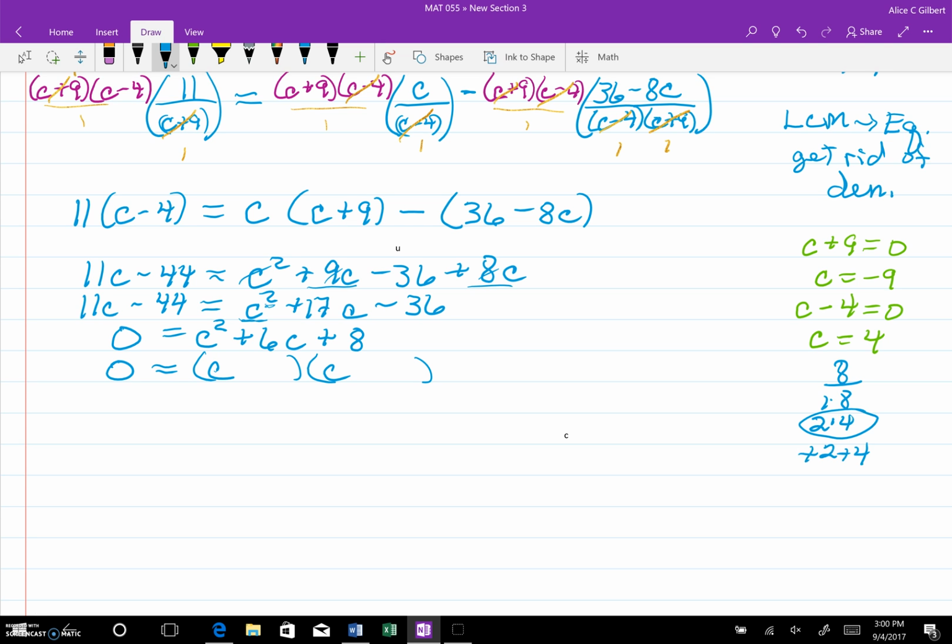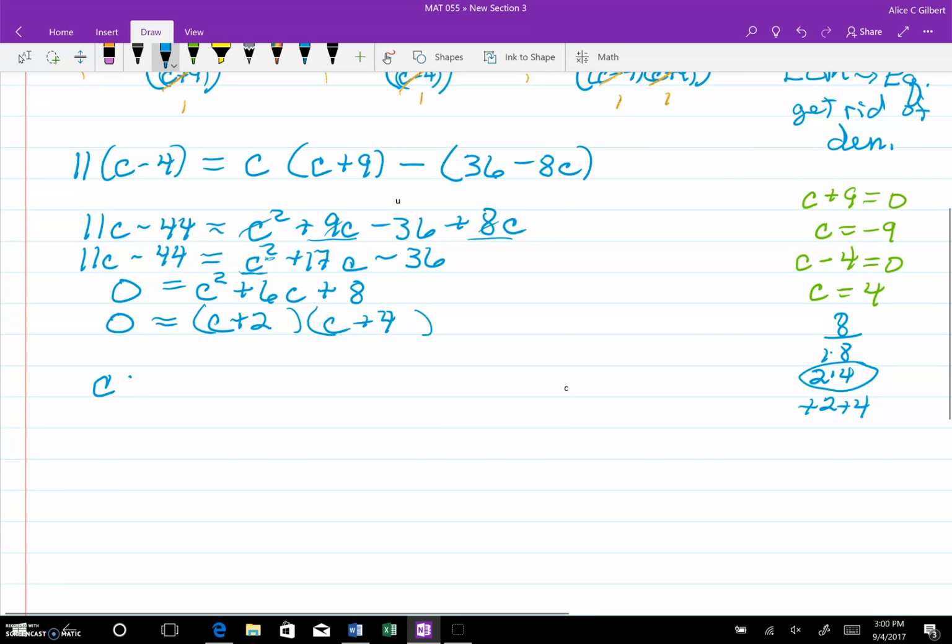Plus 2 and plus 4. Add these two together, I get a positive 6. Positive times positive is a positive. So I've got these right here. And now C plus 2 equals 0, and C plus 4 equals 0. C equals negative 2. C equals negative 4.